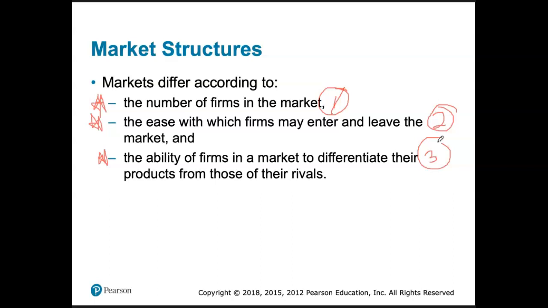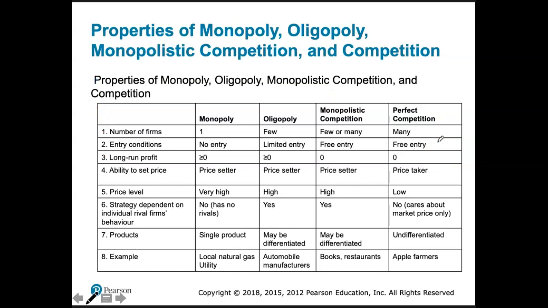Okay, so I'll just go through the table slowly. These are key properties that you need to know: properties of a monopoly, oligopoly, monopolistically competitive firm, and perfect competition. When we say competition, we're basically talking about perfectly competitive firms.